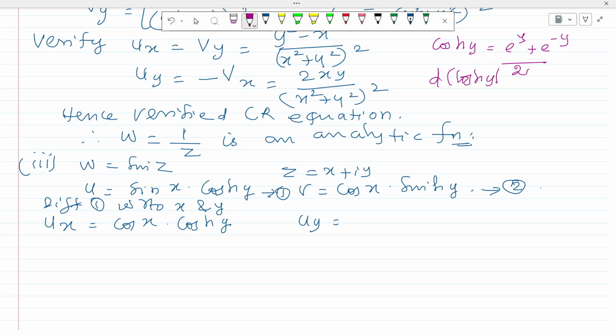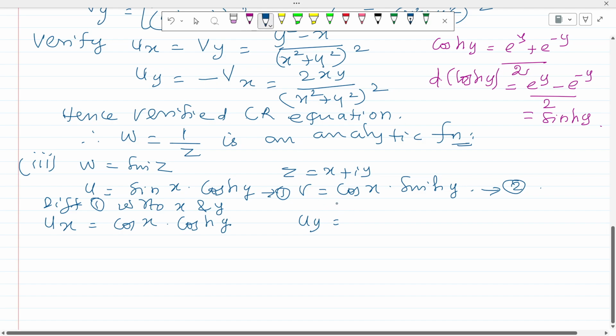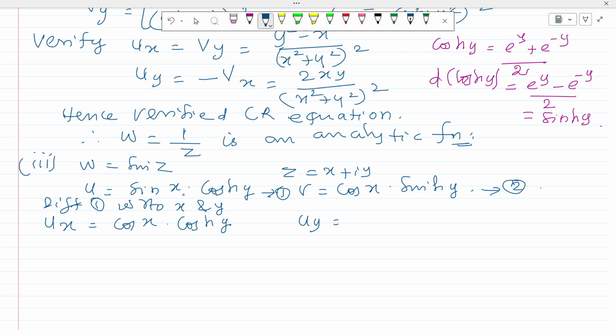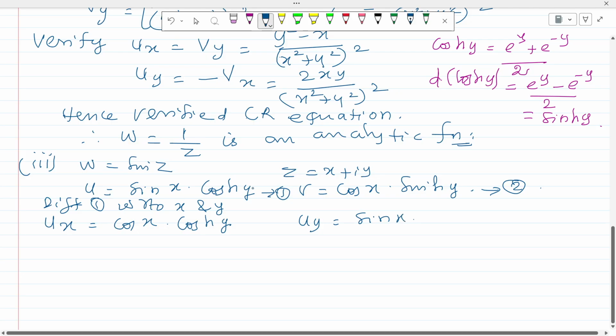Differentiation of cos hy equal to e power y differentiation is e power y, e power minus y is minus of e power minus y, divided by 2. That is equal to sin hy. So differentiation of cos hy is sin hy. Therefore uy: when you differentiate with respect to y, sin x is constant. Write that sin x, and differentiation of cos hy is sin hy.